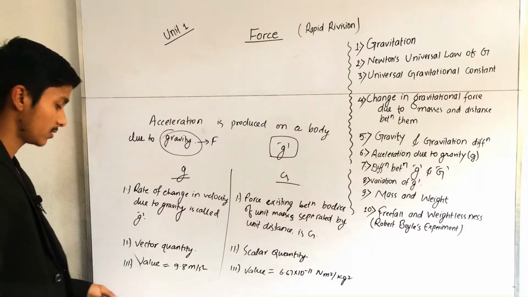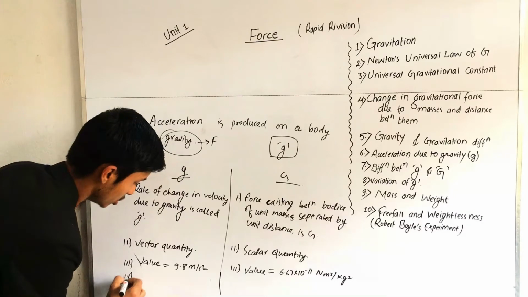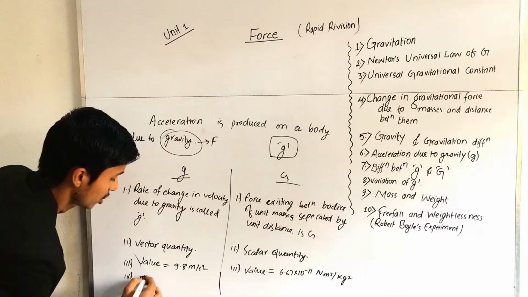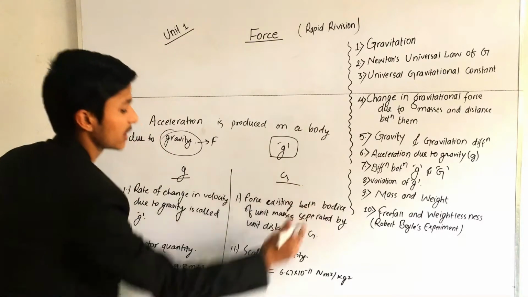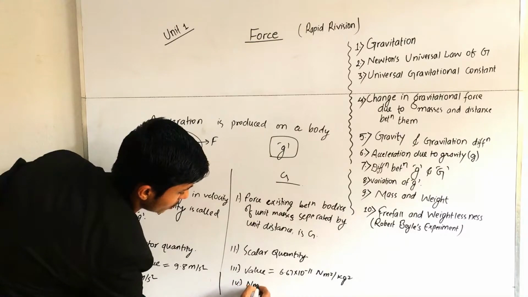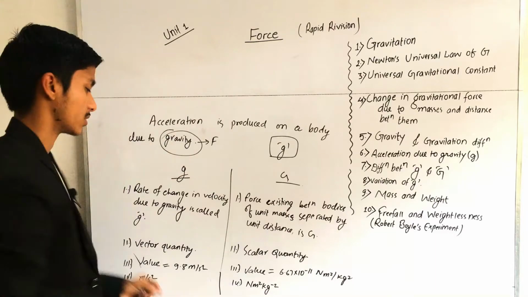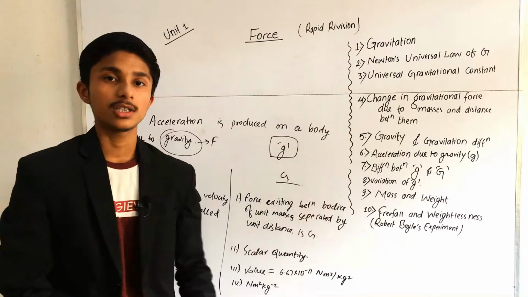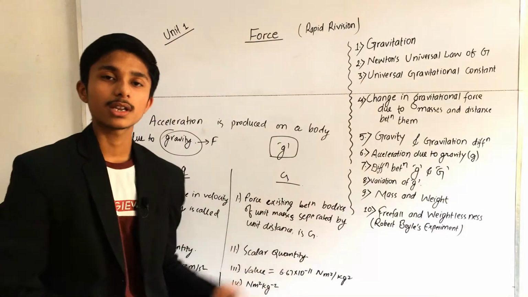And in the next point we write its unit: the unit of acceleration due to gravity is meter per second square, and the unit of universal gravitational constant is Newton meter square per kg square. These all are the differences between small g and capital G.